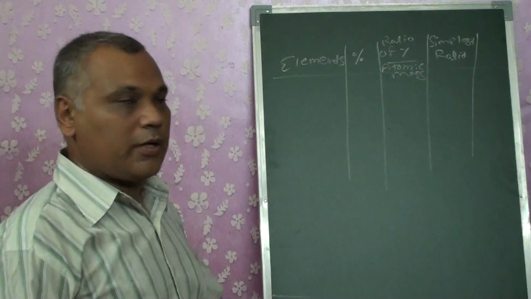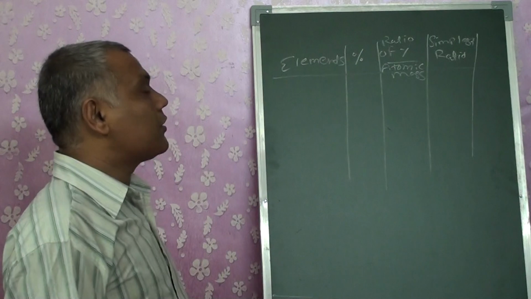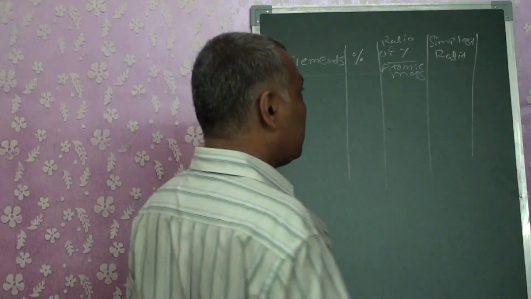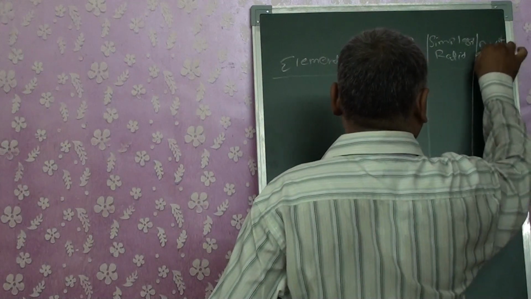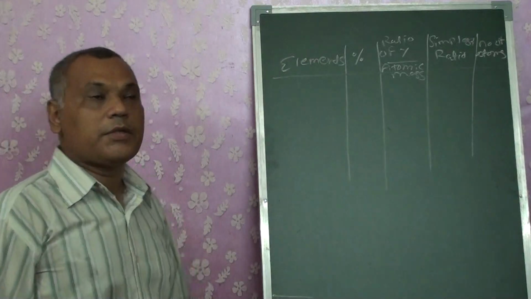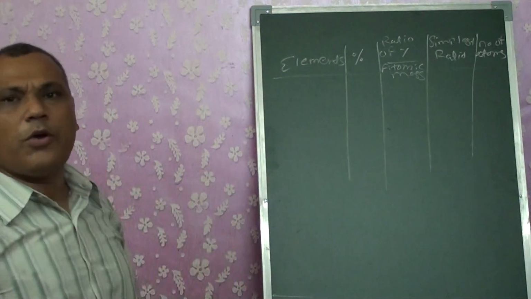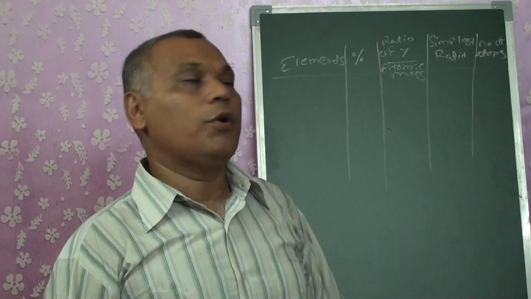We will see it in the numerical one by one, how to find the simplest ratio, and then the number of atoms. This is the first table that will always be required when we want to calculate the formula.